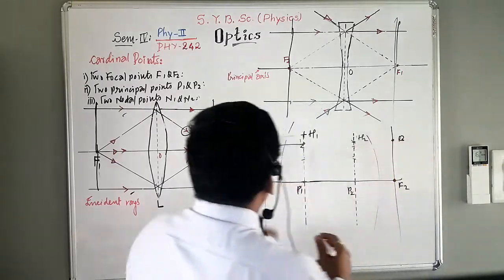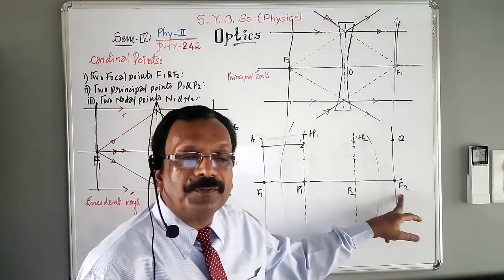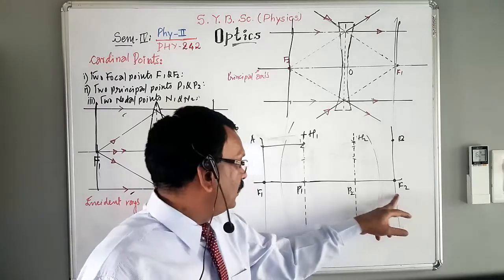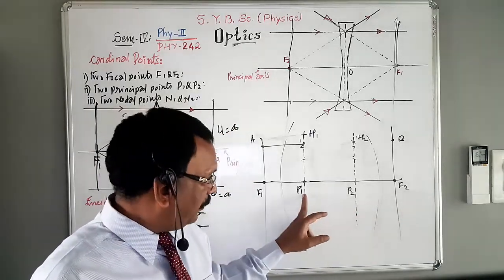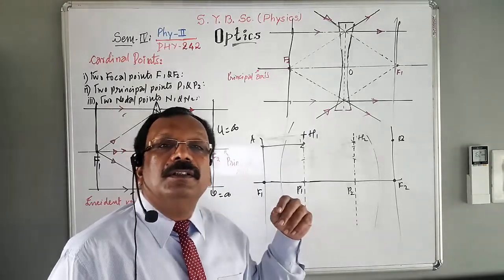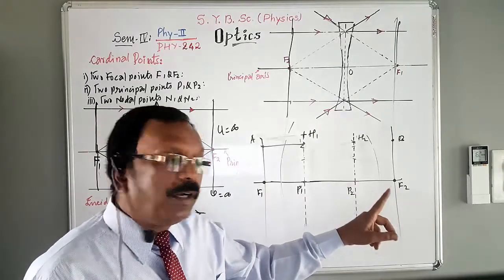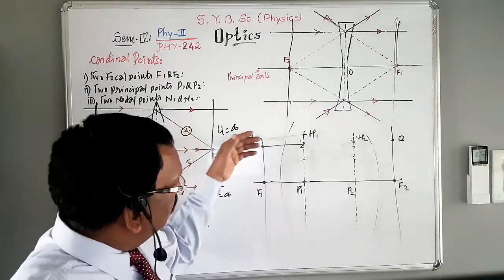B. A F1, what I say again I am going to tell: F1 and F2 are the pair of focal points or principal focus. P1 and P2 is the pair of principal points. F1 and F2 focal points, P1 and P2 principal points.